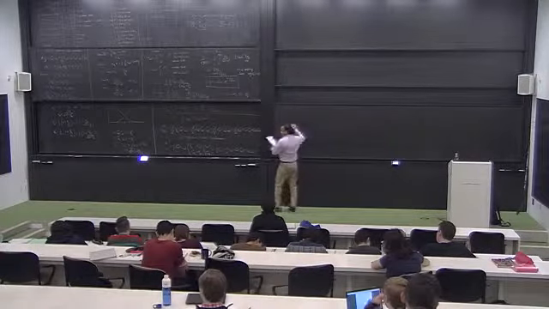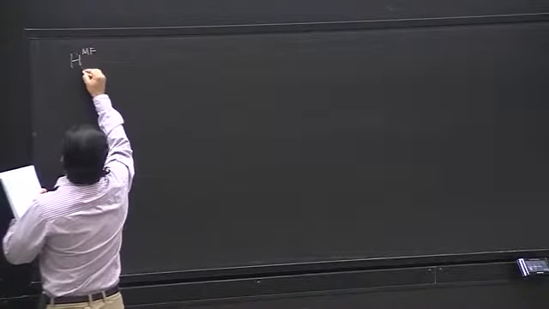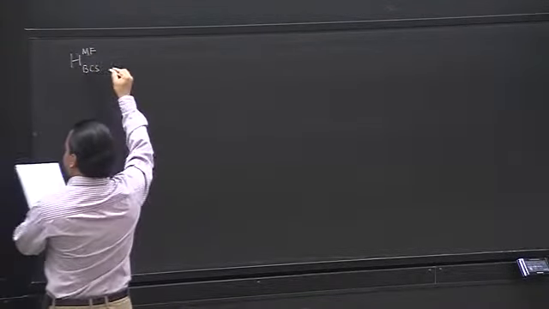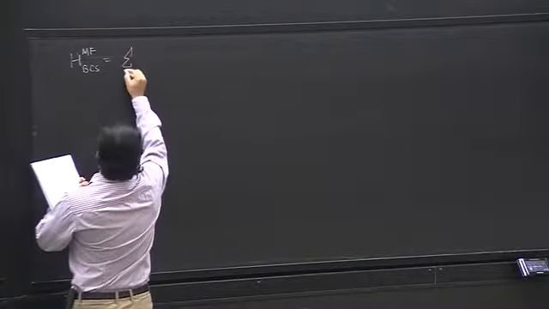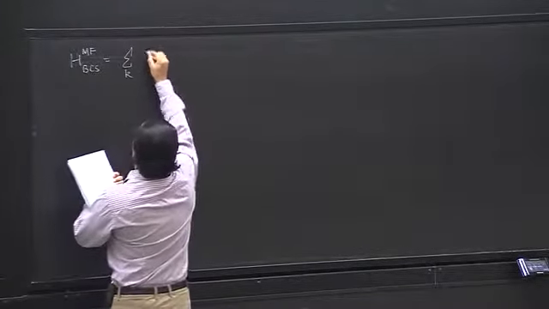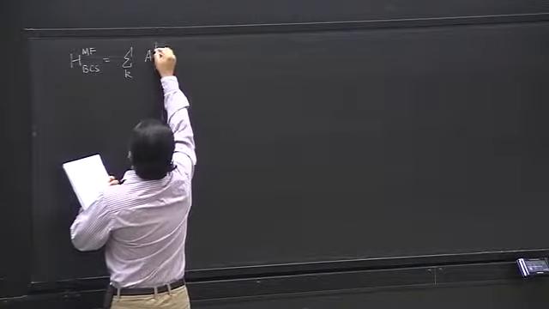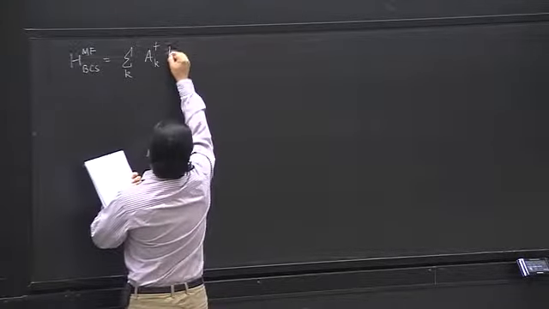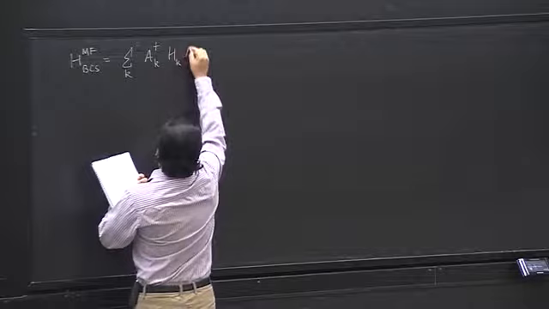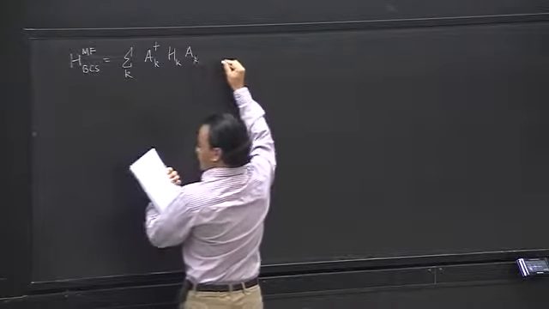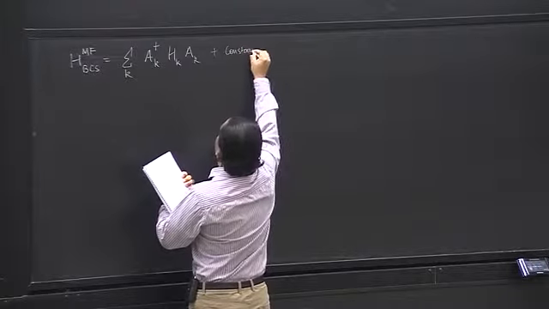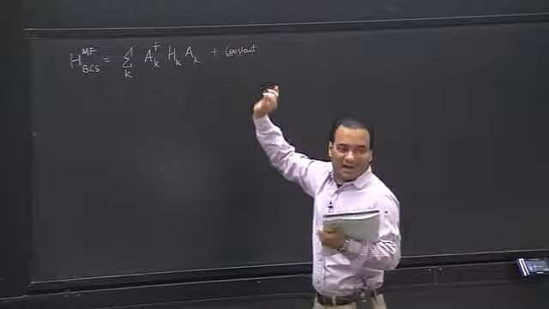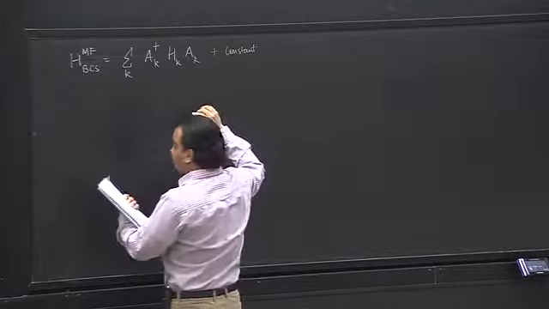So what we have is the mean field Hamiltonian for the BCS theory. This is sum over K, a vector AK dagger, HK, AK, plus some constant terms. Constant means they don't have any creation and annihilation operators.